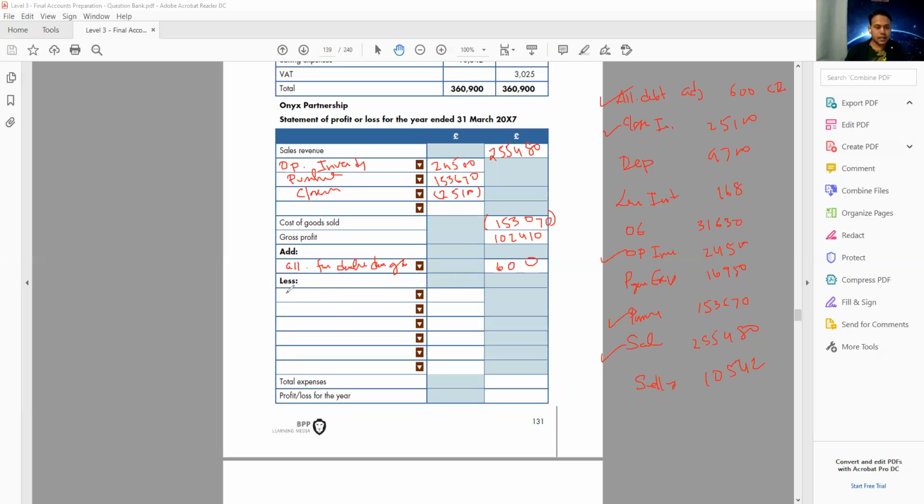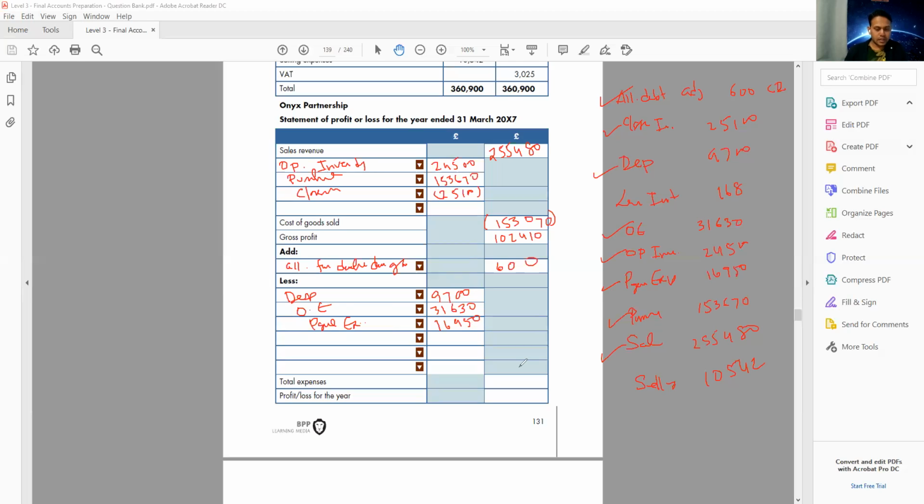Start with the depreciation. How much is the depreciation? 9,700. Then you have office expenses, that is 31,630. Then we have payroll expenses, 16,950.